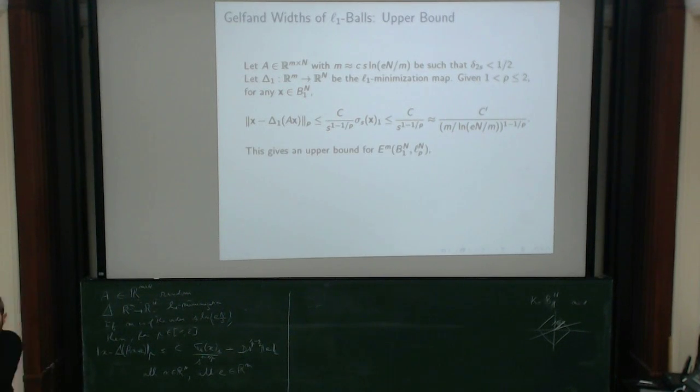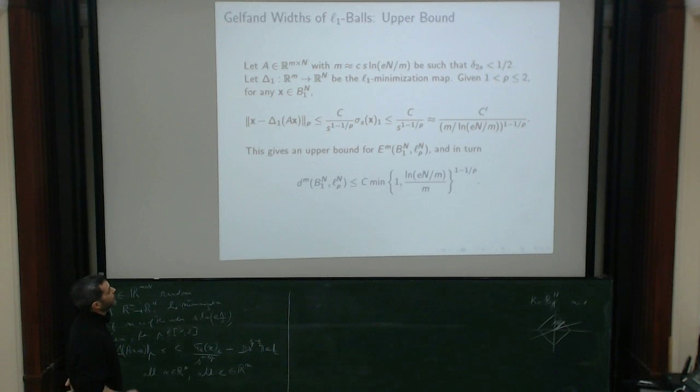Okay, so that gives an upper bound for E_m because E_m was the infimum. If you take the sup over x, this is still valid, and then you take the infimum over A and delta, it's certainly smaller than this, for this choice of A and delta. So we have an upper bound for E_m, and K in our case is the L1 ball, so we can use the fact that the Gelfand width is smaller than the compressive sensing width.